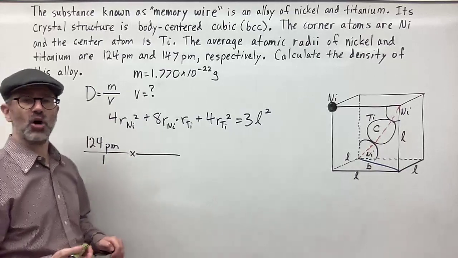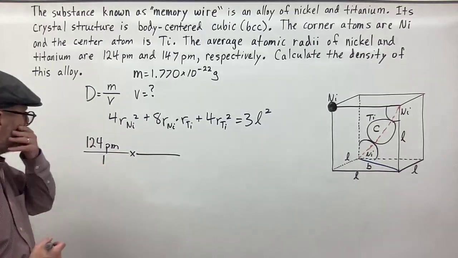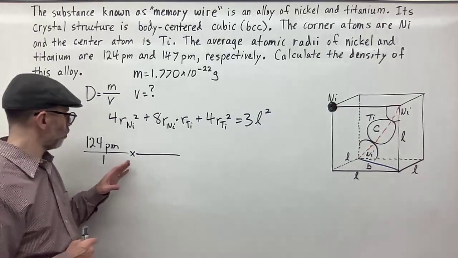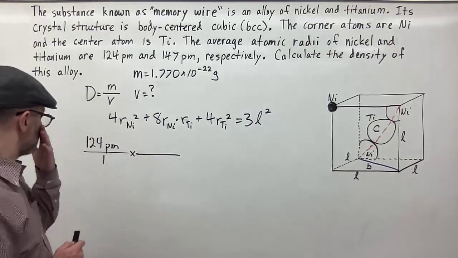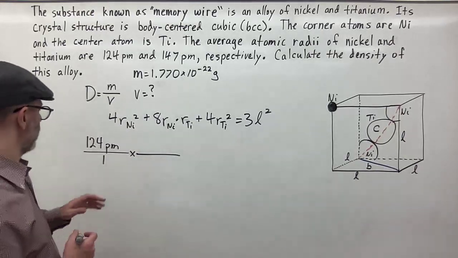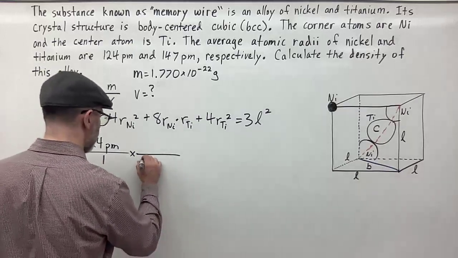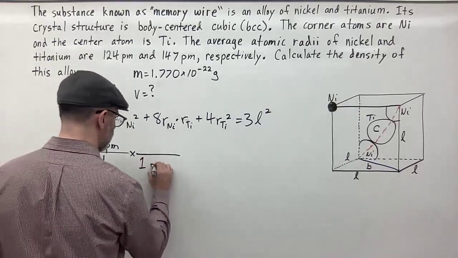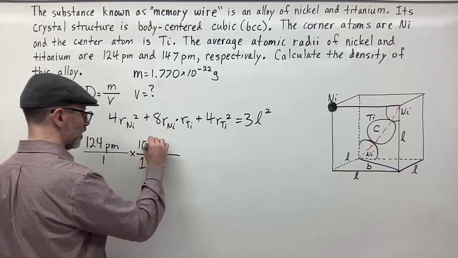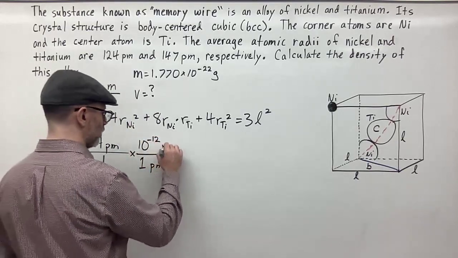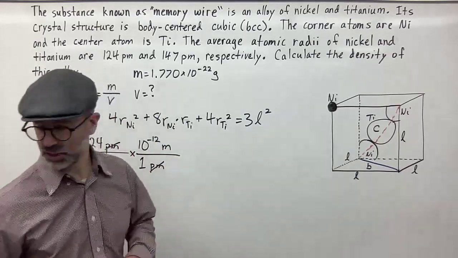So 1 picometer is 10 to the negative 12 meters. So we're going to have to use that as a conversion factor. On the bottom, we're going to have 1 picometer. On the top, we're going to have 10 to the negative 12 meters. Picometers cancel out.